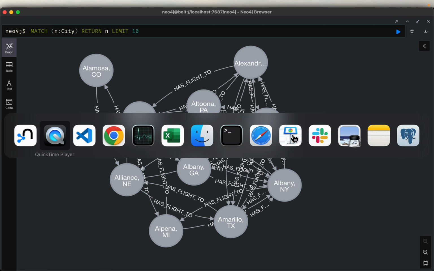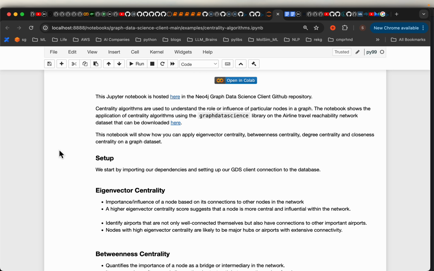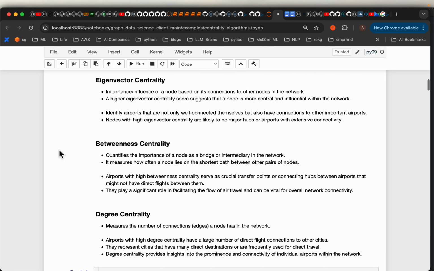All right. So we will see how to load the data into the Neo4j graph database and then do the centrality analysis. So from this cities network, let's say we want to do some analysis or ask questions: which are the airports which are more important and connected to other important cities within the network, or maybe which cities act as transfer points or connecting hubs, right?